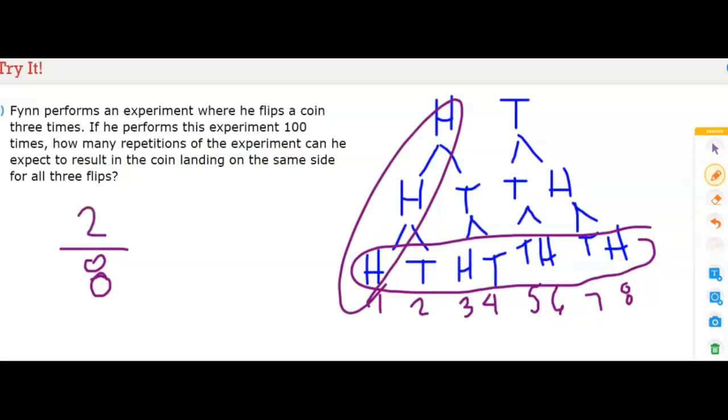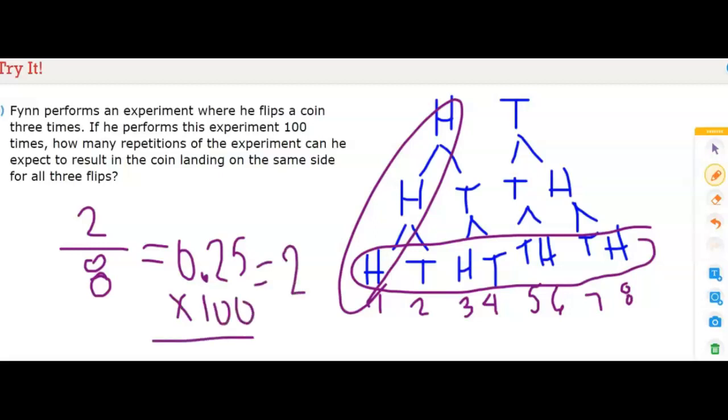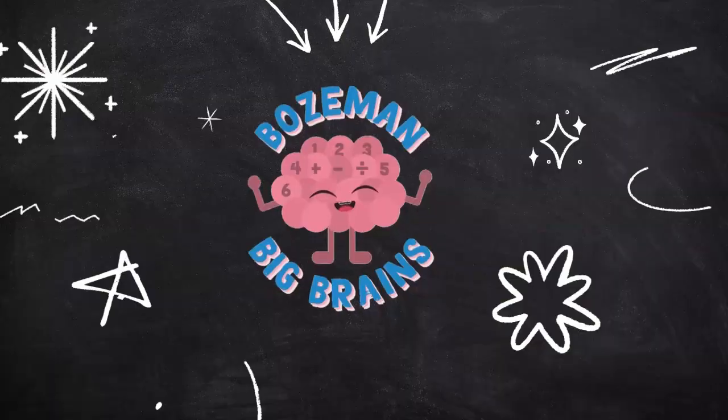So there would be two possible outcomes out of the 8. Then we divide 2 by 8, and you will get 0.25, but it's out of 100, so you multiply by 100 and you get 25. So 25 would be your final answer.